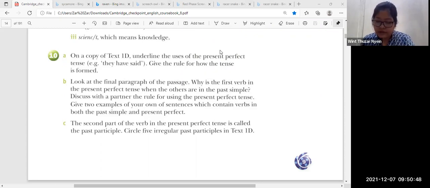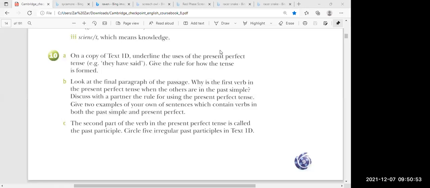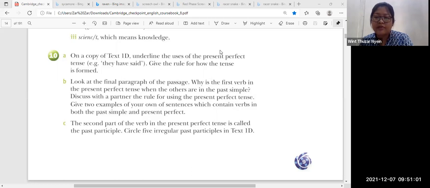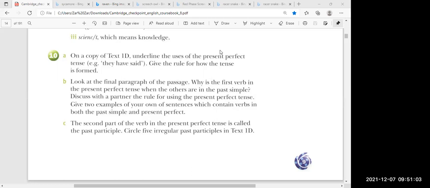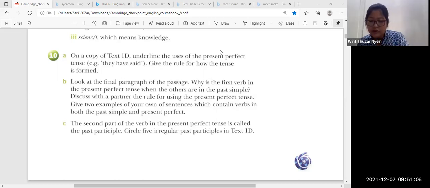Have you read the first Test 1E? Yes. Okay. Lolo, have you read it? Yes, teacher. Okay. So Lolo, can you tell me who is Prometheus?